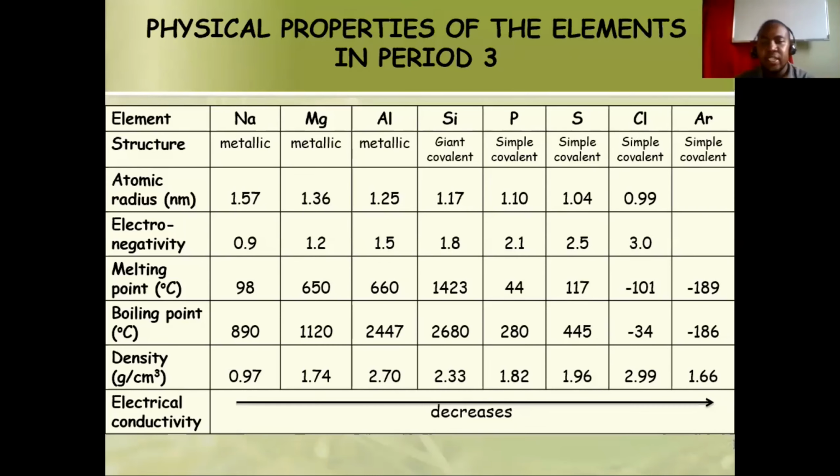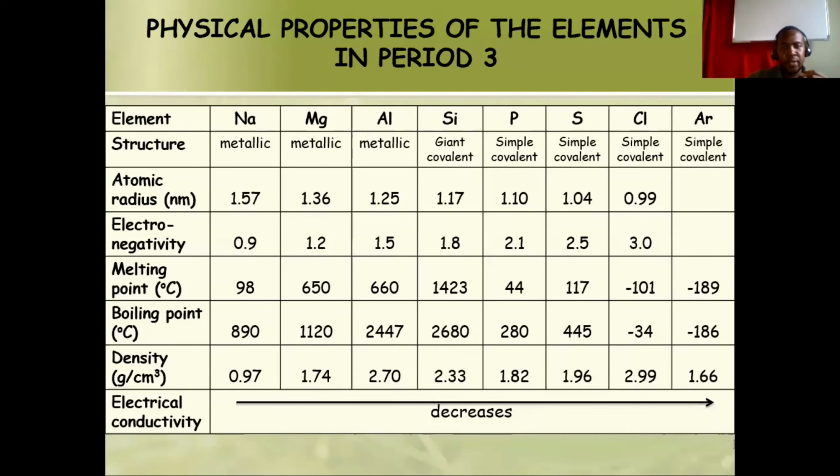For the electronegativity from left to right, we see that it increases, which we know, right, should be the case. Your melting point actually increases from left to right for your metals and non-metals as well. Your boiling point increases as well.